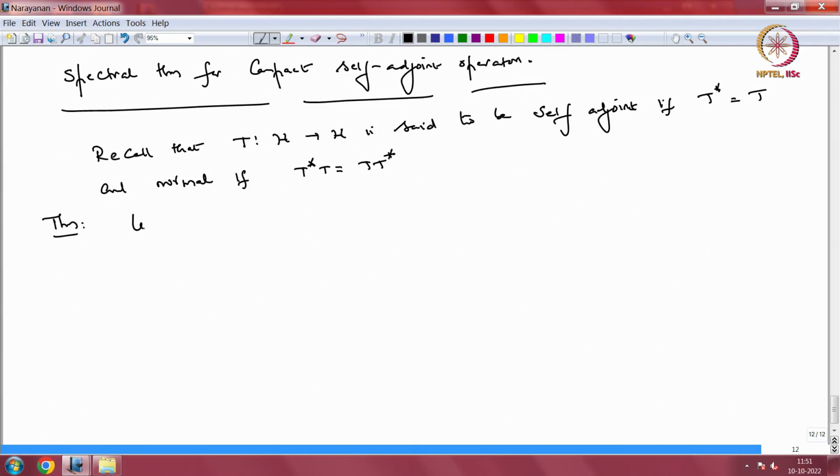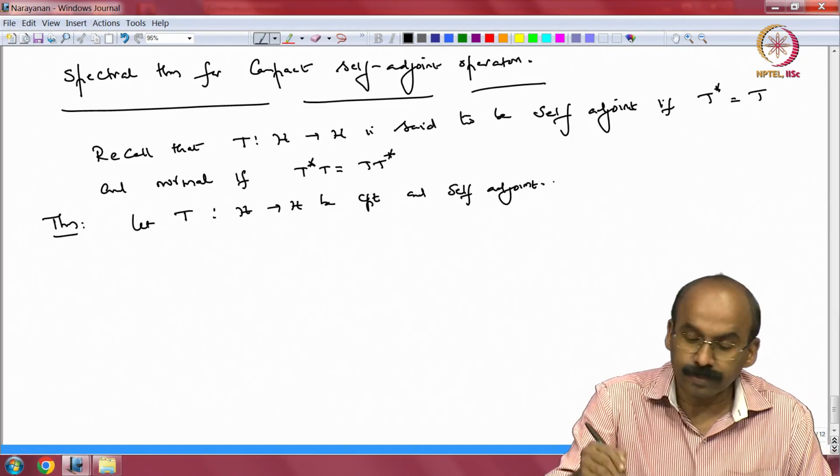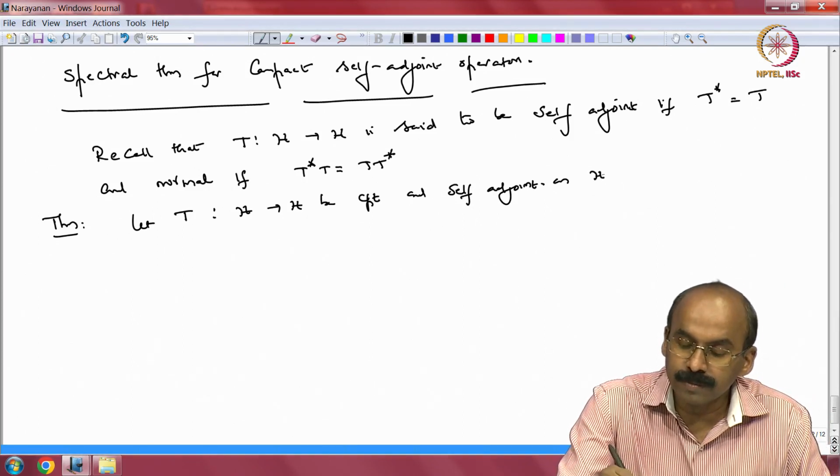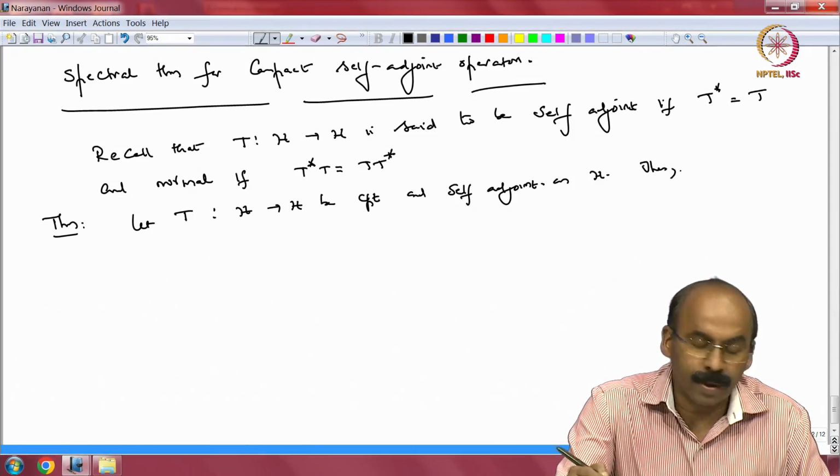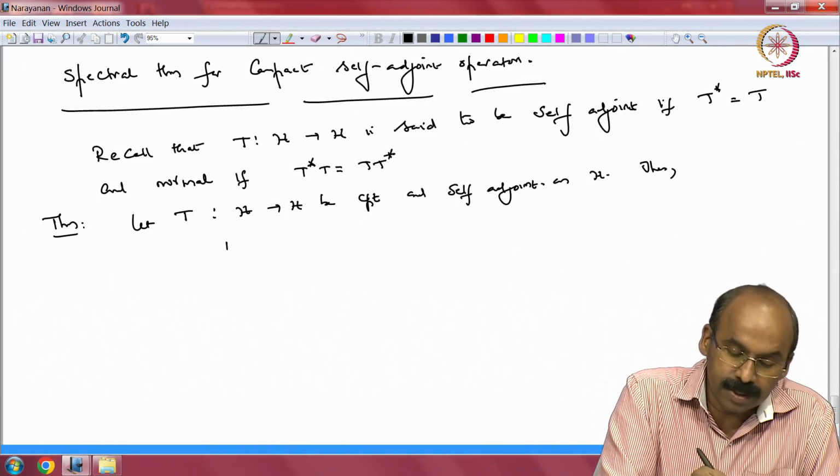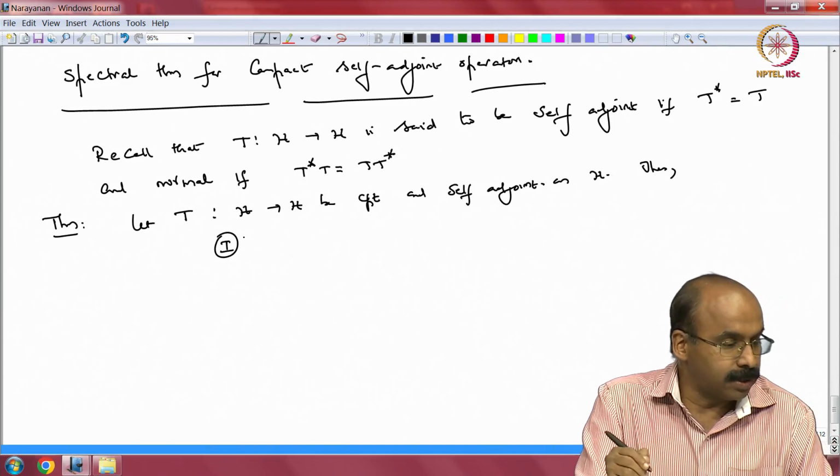Okay. So, let T be compact and self adjoint on H. Then, let me write this as 3 or 4 parts.